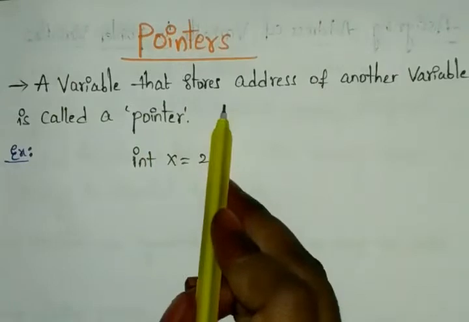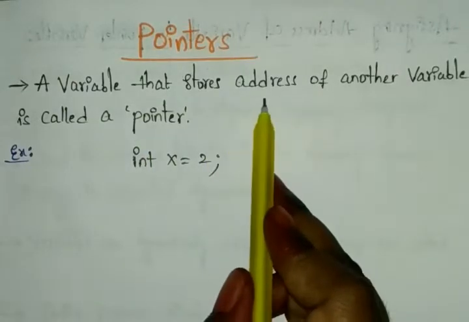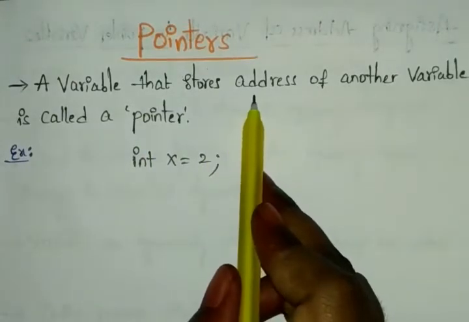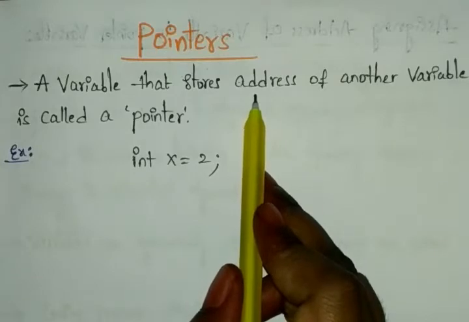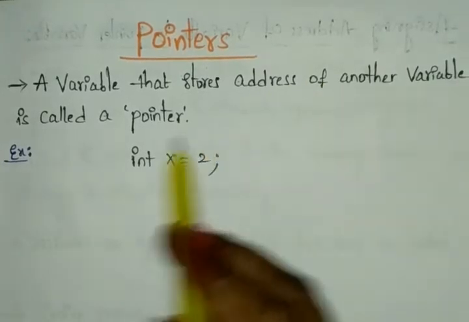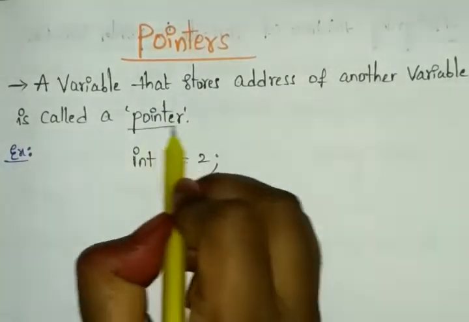So a variable is storing a memory address, here meaning the memory address, of another variable. That we call our pointer.